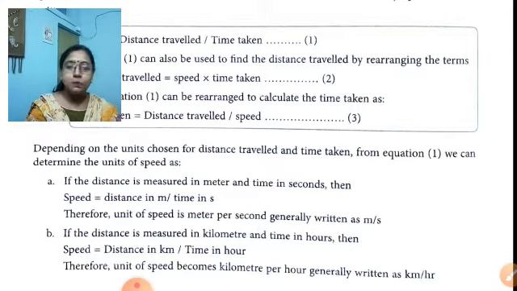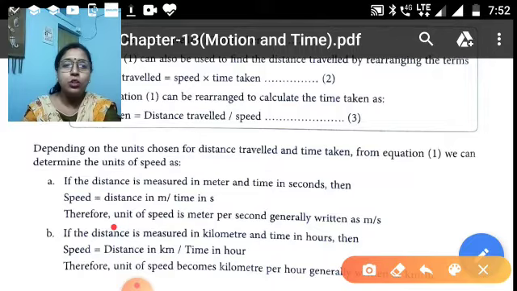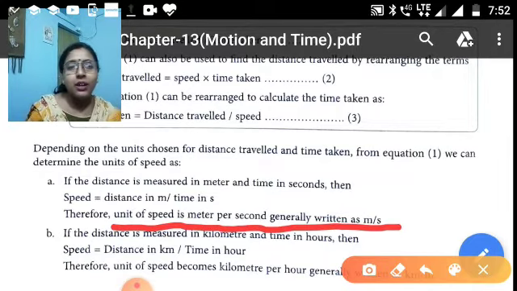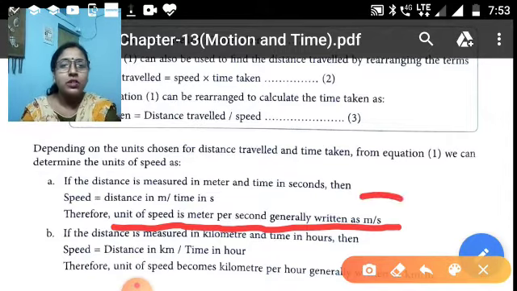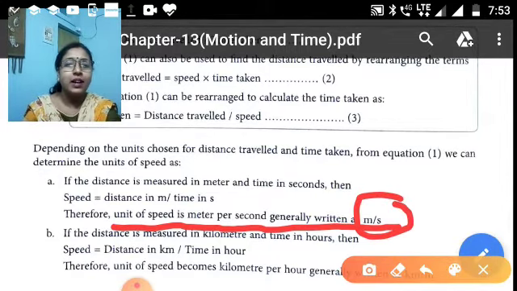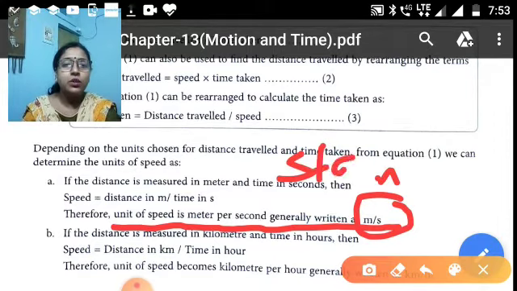Therefore, the unit of speed is meter per second, and this is called the basic or standard unit.